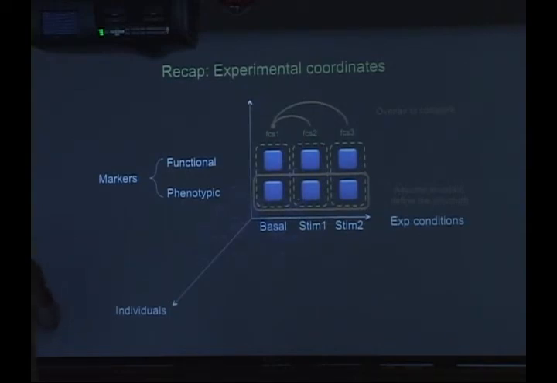And of course, you might have these for different individuals, so this provides another axis to your experiment, all the different individuals that you've measured. And as I was telling you, the main difference is that with SPADE, you have to analyze all this stuff together, while with Scaffold, you can analyze things independently.